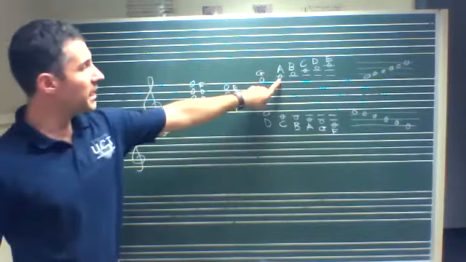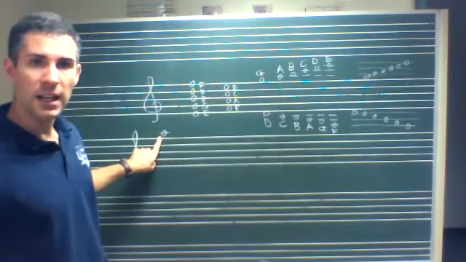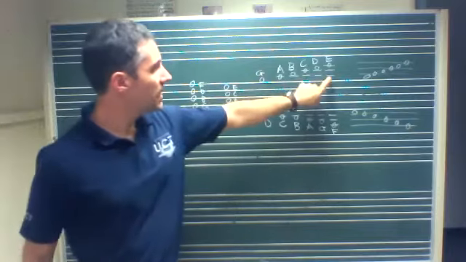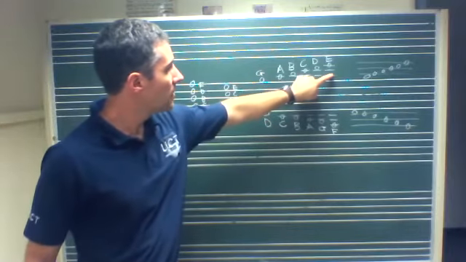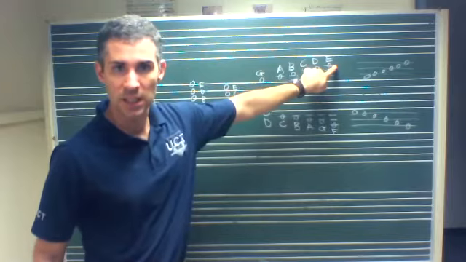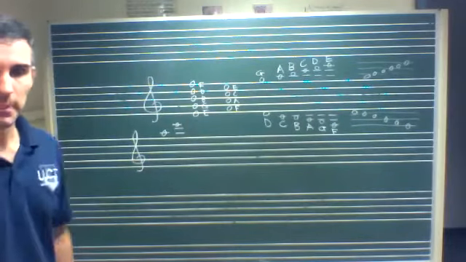Okay, if we look up here, we'll see that that note is actually A. If we want to get up to E, we have to have 1, 2, 3 lines. Do you see that? So we have to do this. 1, 2, 3. Then we put the note up there.